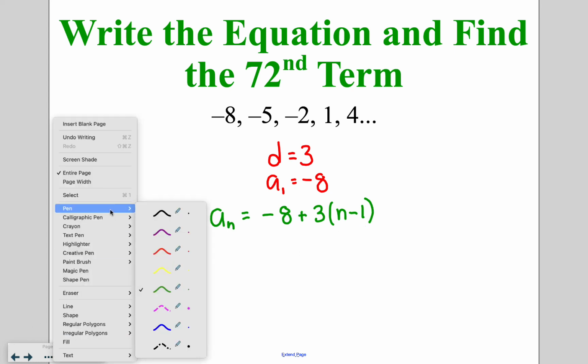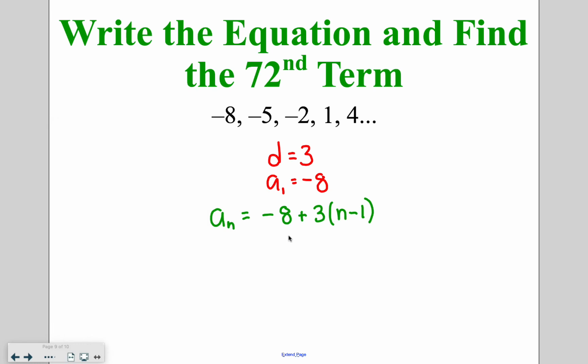I now need to simplify it. The first thing I'm going to get rid of is those parentheses. So I've got AN is equal to -8 plus 3 times n, which is 3n, and then 3 times -1, which is -3.